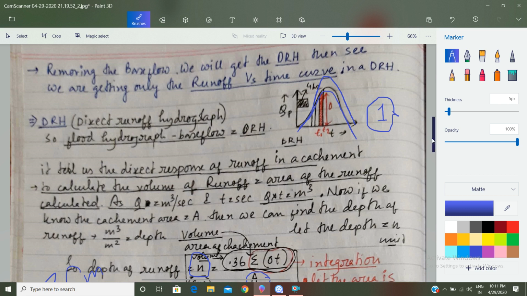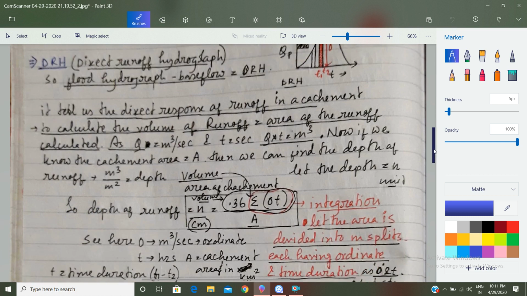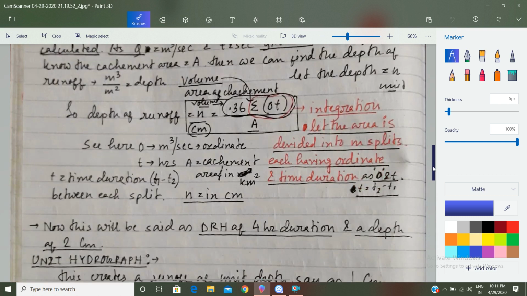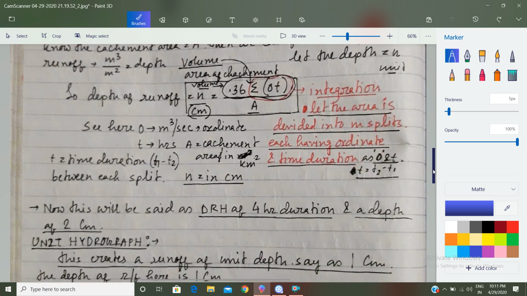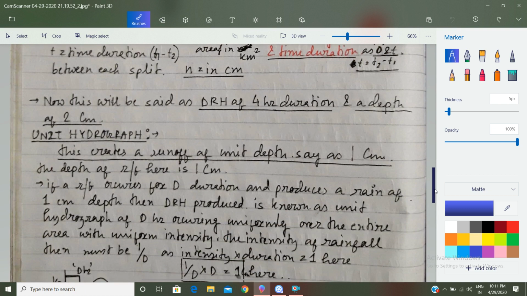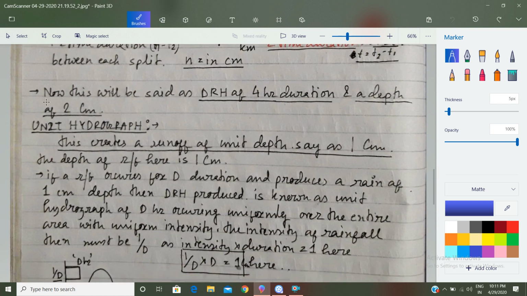So whenever it is stated as unit hydrograph, you have to remember that it is of 1 centimeter depth of runoff. Now see, what is written here? This will be said as a direct runoff hydrograph of 4-hour duration and a depth of 2 centimeter.